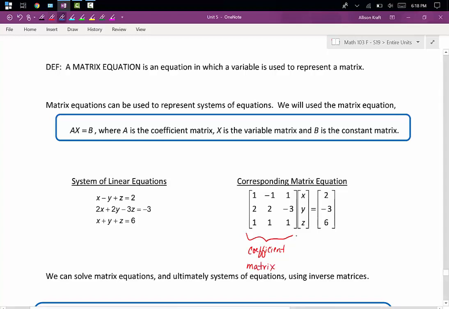The next matrix, the X matrix, is our variable matrix. That's the one that's all full of variables, and it's equal to our constant matrix. So that last matrix is like the right side of an augmented matrix.